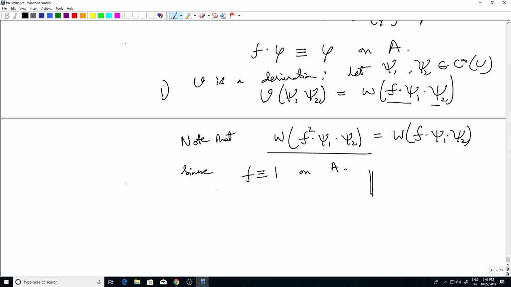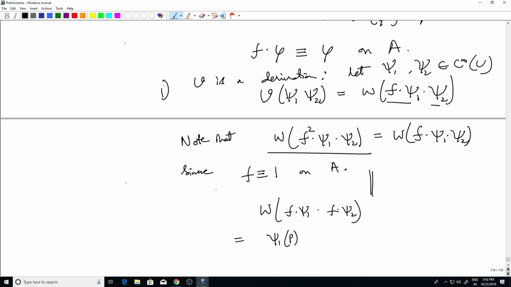So then I can write it as W of F times F times C1 C2, and use the derivation property of W. So this will give me F at the point P is 1.